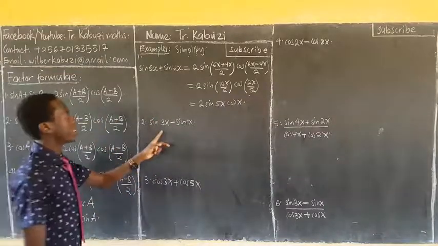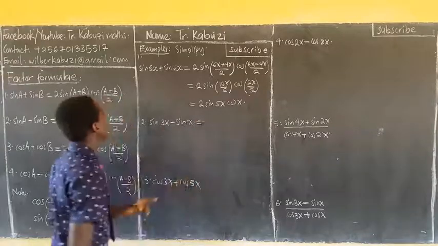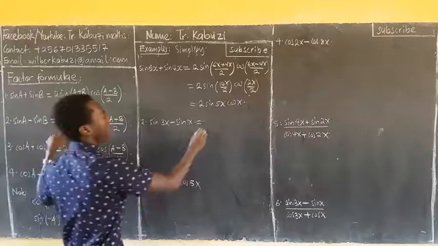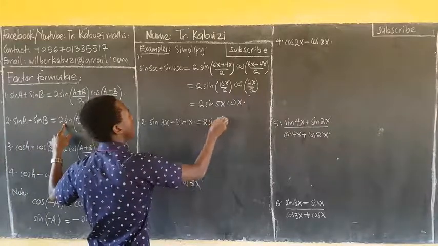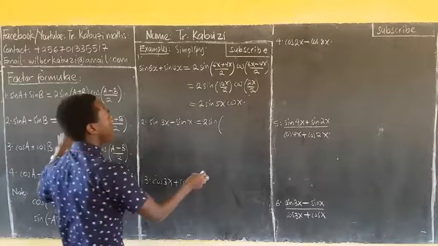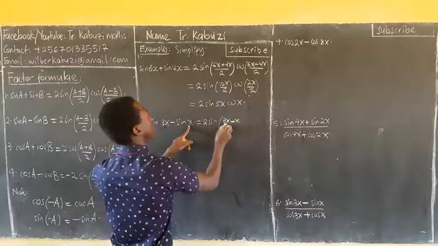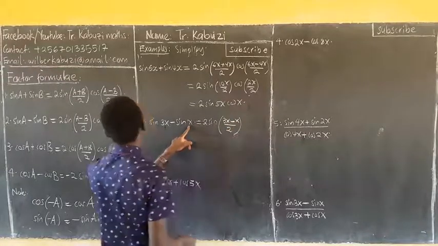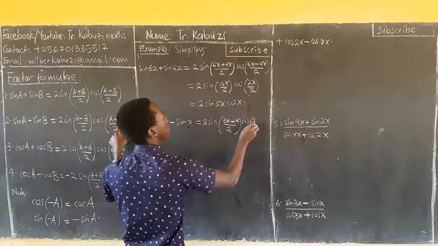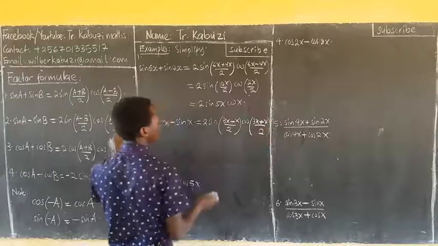Now we are subtracting sine. When you are subtracting sine, you have 2 sine of the subtracted angles, that is 3x minus x over 2, then cos when you add the angles, over 2.